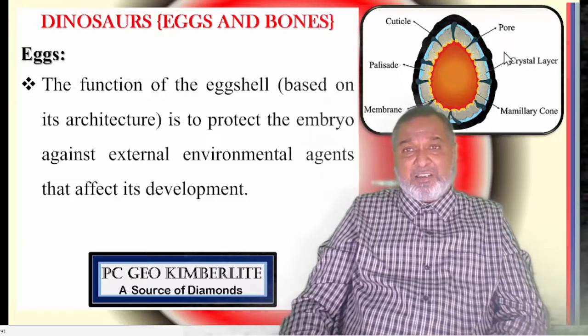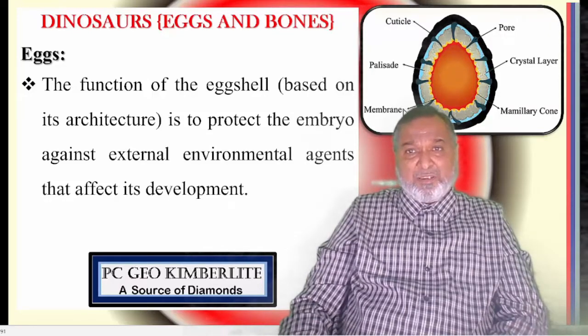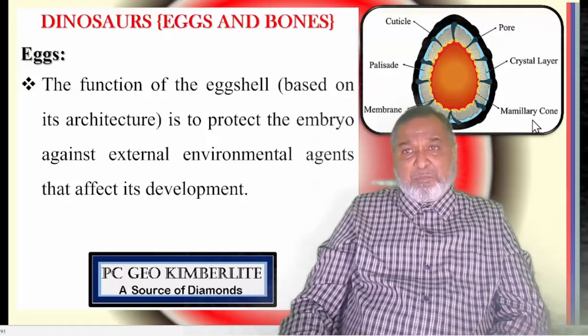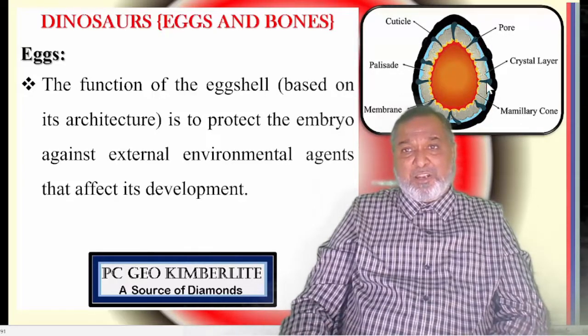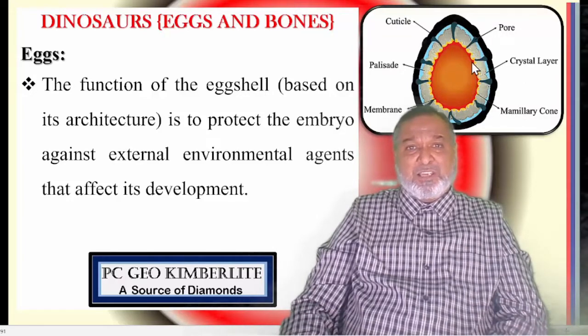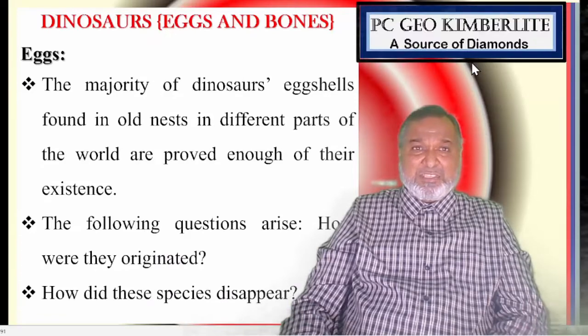Now I can show the section of this egg. This is the pore, cuticle, the top portion, palisade, then membrane, then mammillary cone. This is the mammillary cone, crystal layer, and the pore. So these have been analyzed and given.